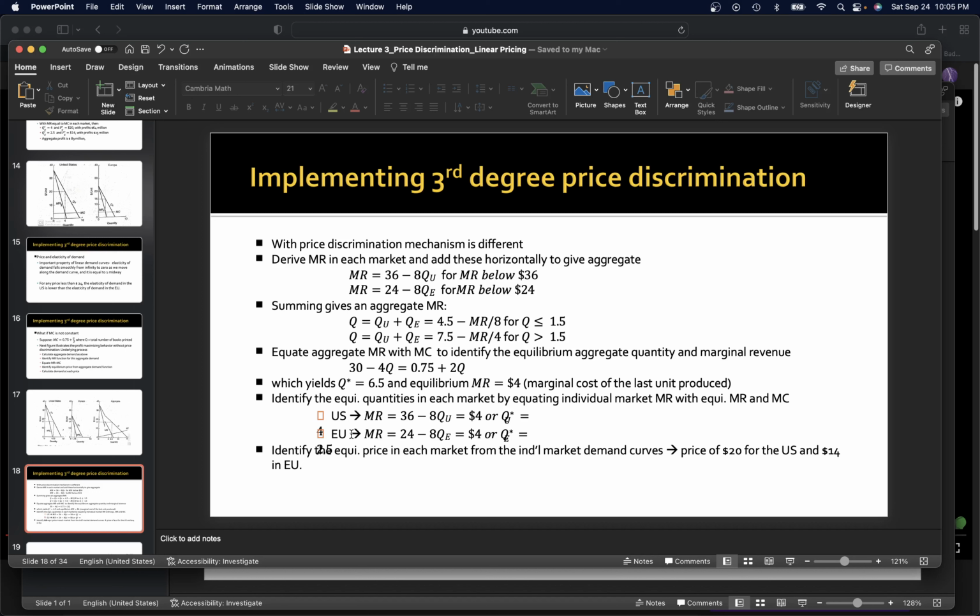So in the United States, this is your marginal revenue, and then that's equal to 4, okay? And then you're able to determine what the quantities are, and in class, we shall identify that. Identify the equilibrium price in each market from the individual market demand curves, which leads to a price of 20 for the United States and 14 in the EU.